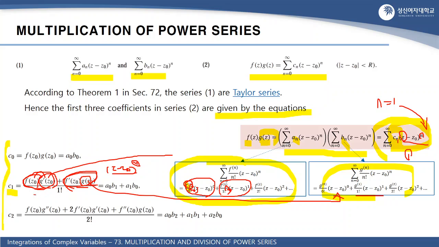So this is the term of degree 1 in the expansion, which is equal to a_0 times b_1 plus a_1 times b_0.